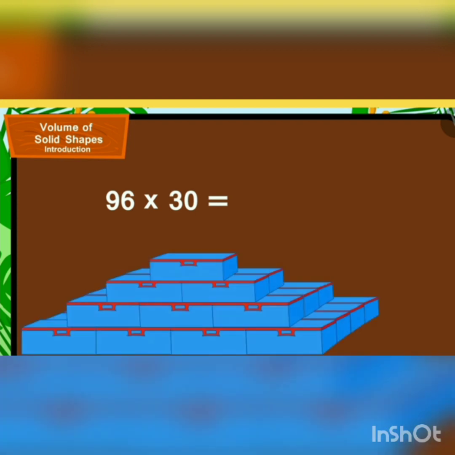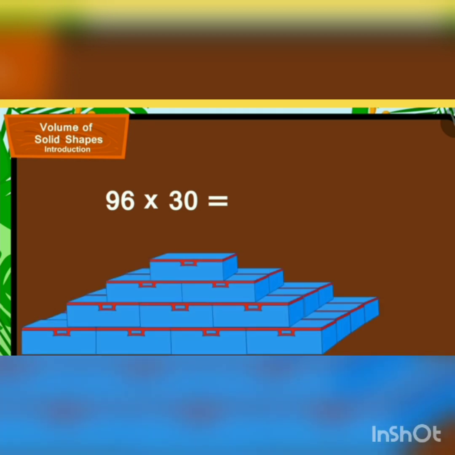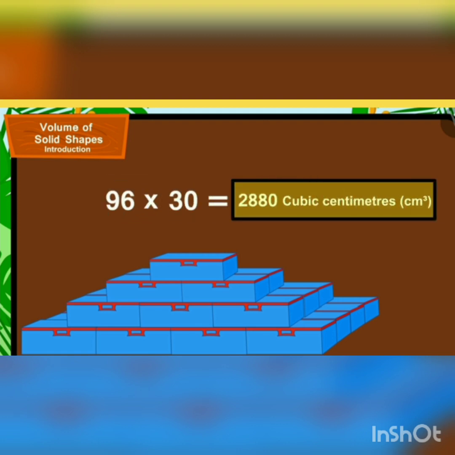In this way, the volume of all the compass boxes being used in the shape made by Babban will be 96 times 30, 2880 centimeter cube.